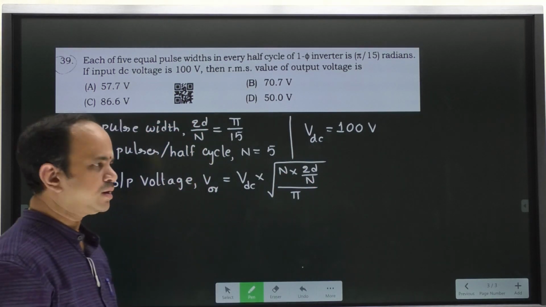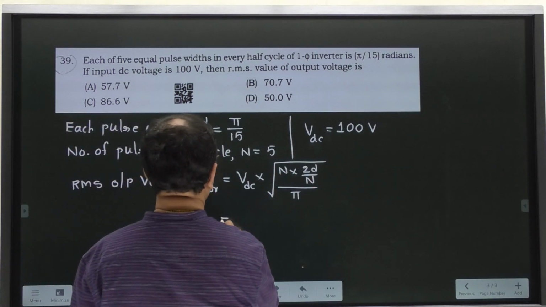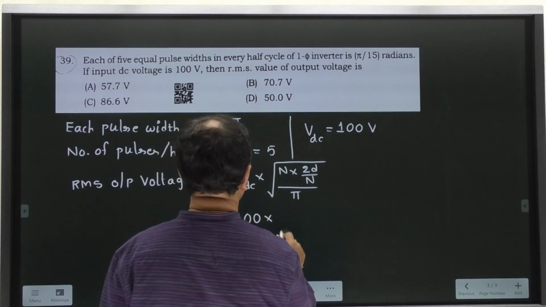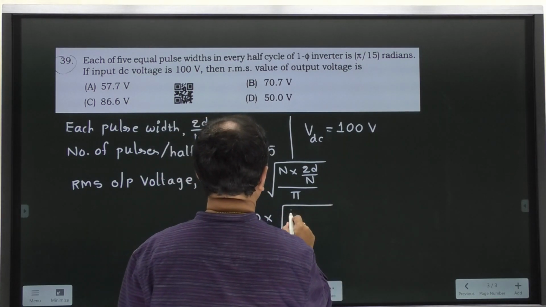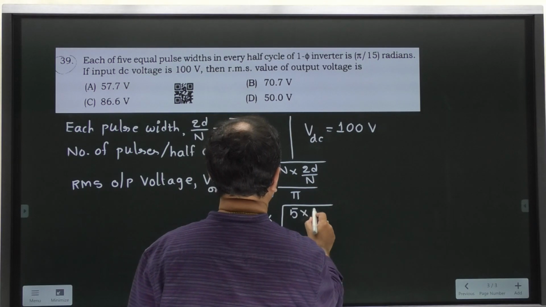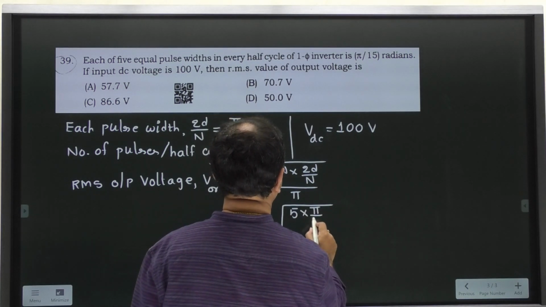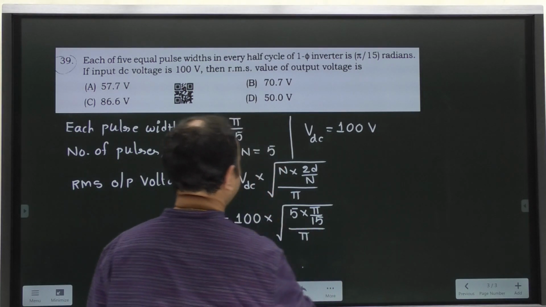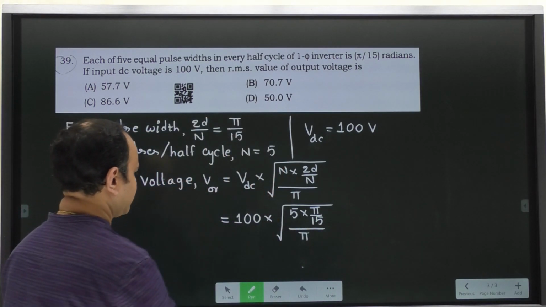Now by substituting the given data, 100 into root of 5 multiplied with pi by 15, divided by pi.